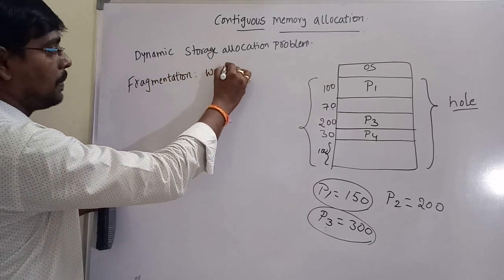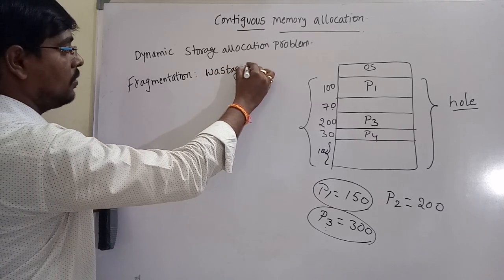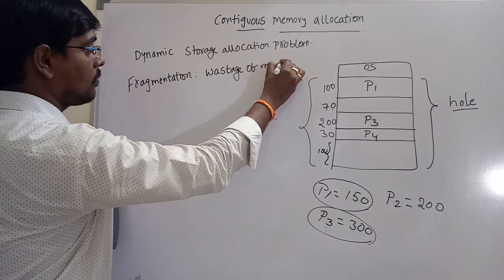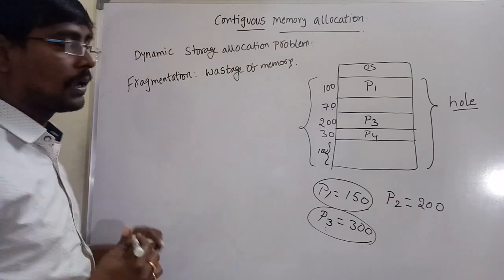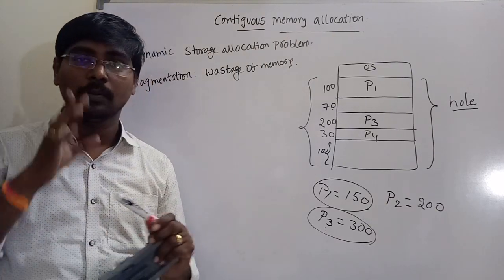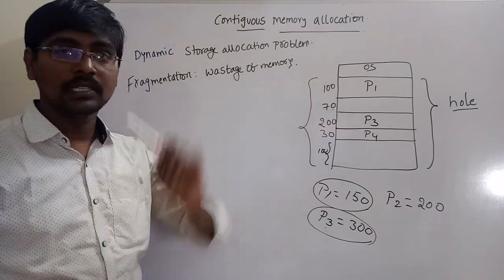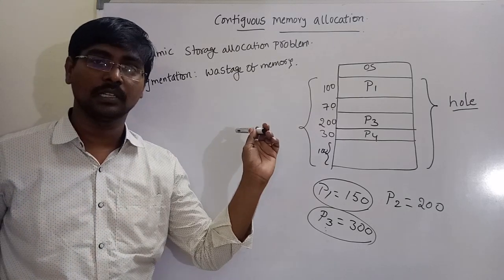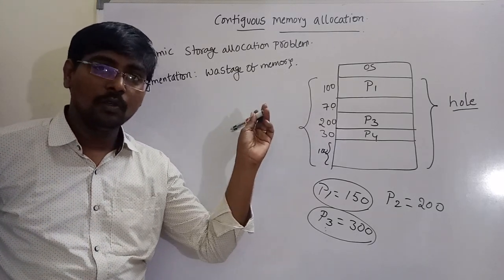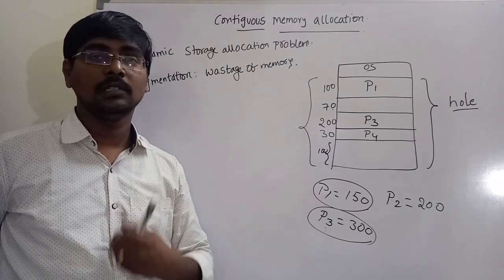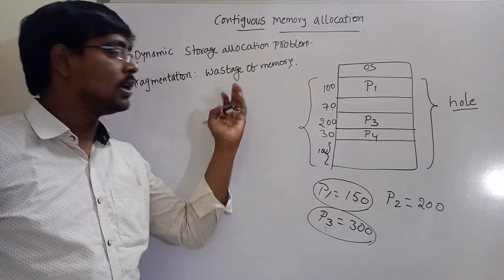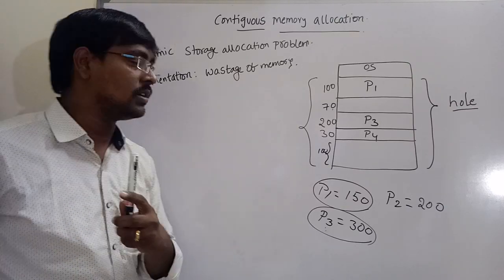Fragmentation simply means wastage of memory. So here 30 bytes of memory is wasted. See the previous example. Even though the requirement is 70 bytes, I am allocating 100 bytes. The 30 bytes of memory is wasted.